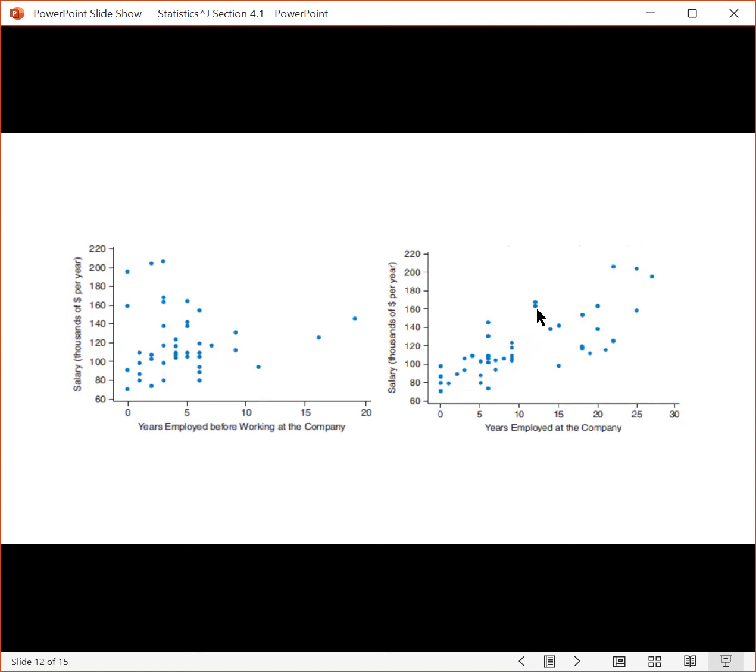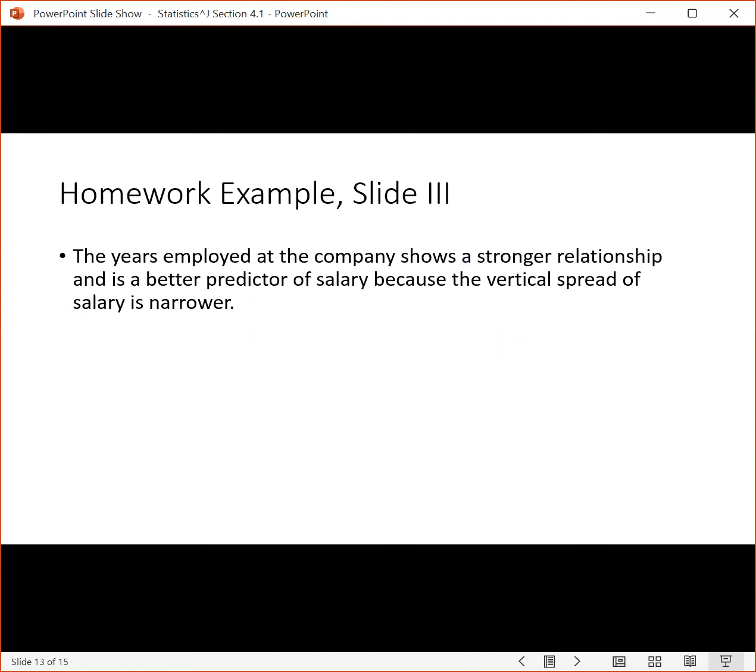Certainly the strength of the association, which is going to be the width here, is definitely smaller than the width for this one. So this example is the stronger association and would do a better job of predicting salary. The years employed at the company shows a stronger relationship because the vertical spread is narrower.